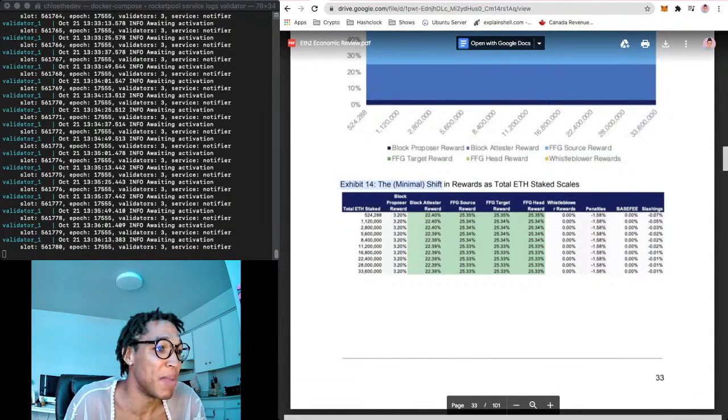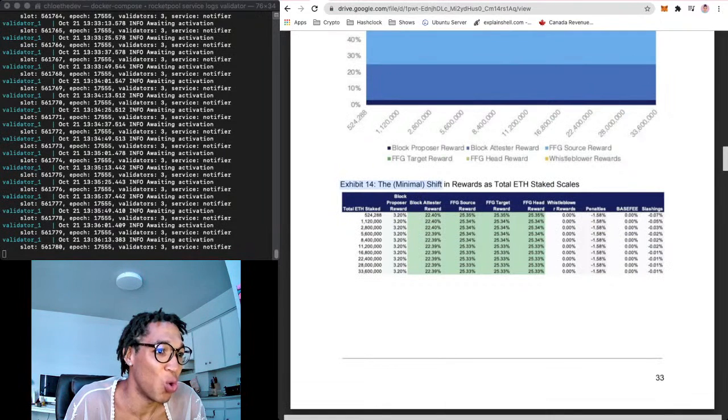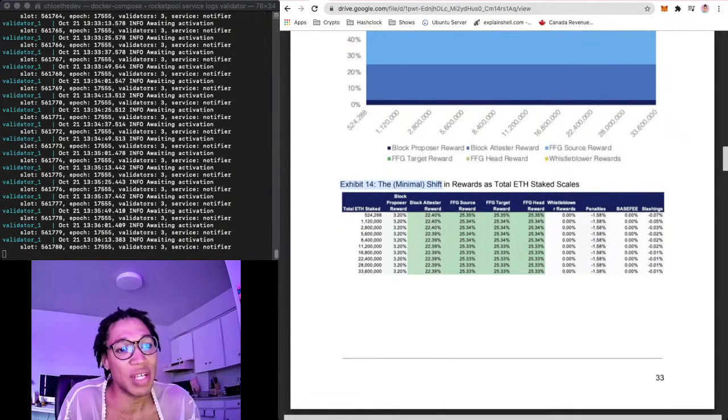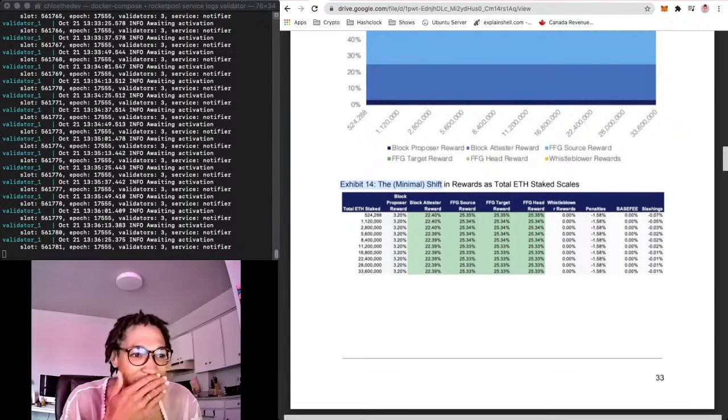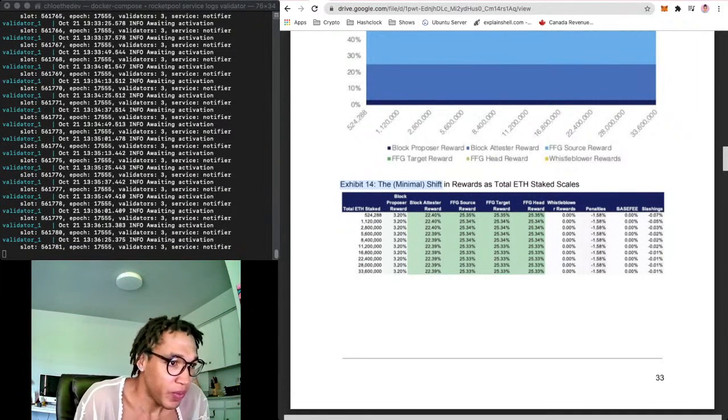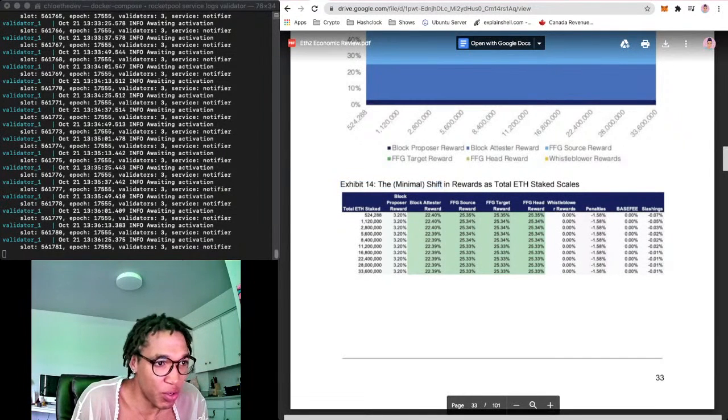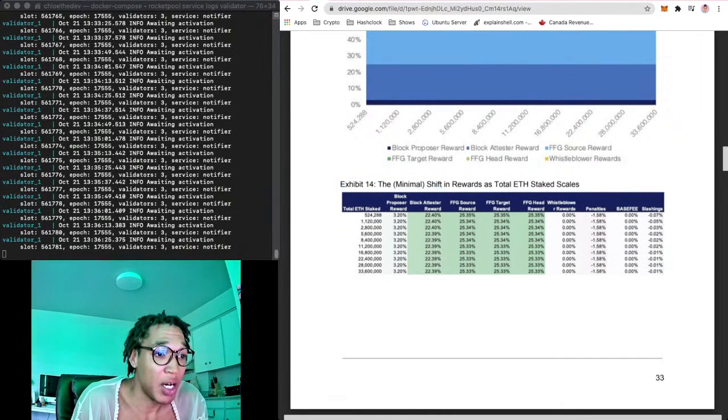Exhibit 14, the minimal shift in rewards as total ETH staked scales. Okay, so what they're saying is the actual percent of rewards that you're getting from each action is not going to change drastically. Here it's showing whistleblower rewards as 0. Penalties are the same. Base fee 0.